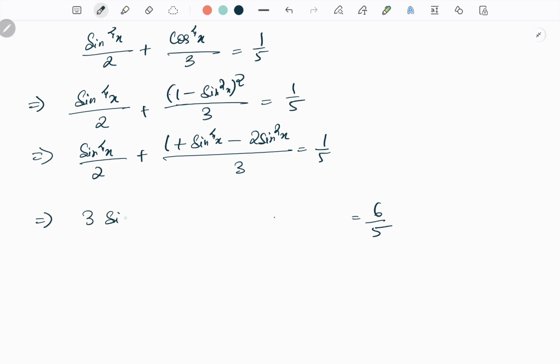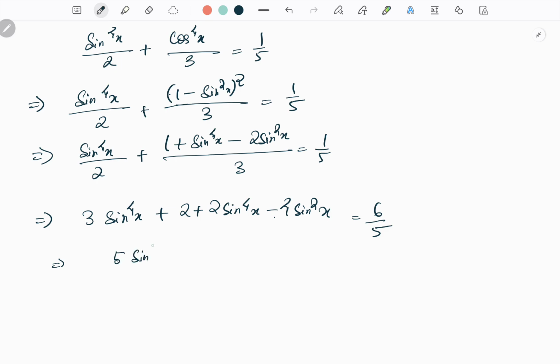So it will become 3 sin^4 x plus 2 sin^4 x minus 4 sin^2 x. Okay, we can just multiply by 5 and push this 5 to the other side. Let's do it step by step.